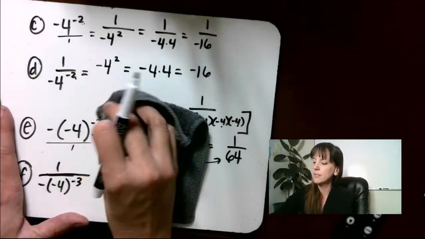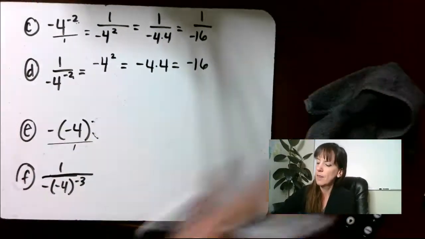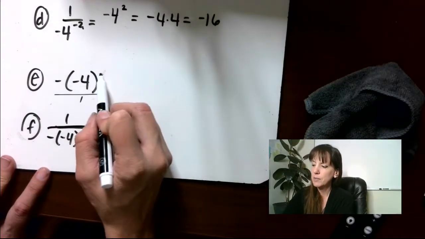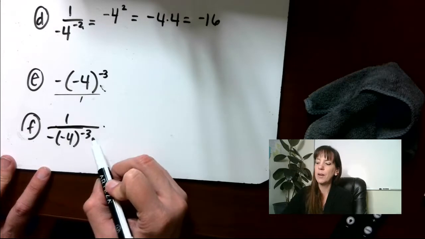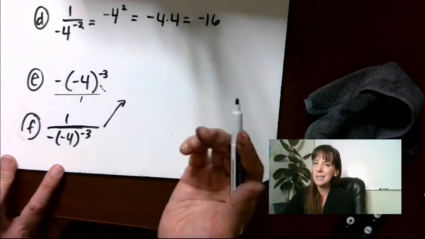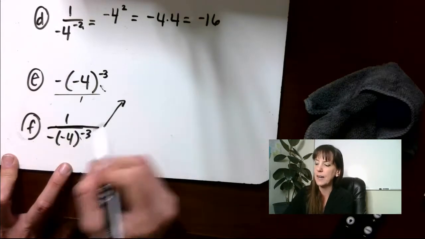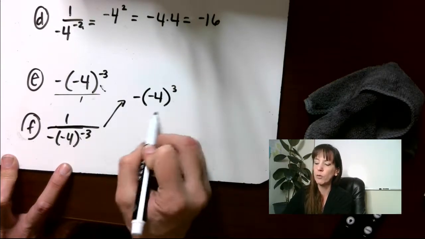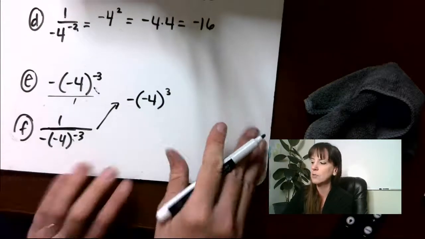And now I do have to erase that. All right, so for F here, same idea. Oh, that was over -3. So again, we know that this is going to be the same thing because we know this negative attitude now goes upstairs. So it's -4 to the 3rd power over 1, but I'm not going to put it over 1 because I don't generally.